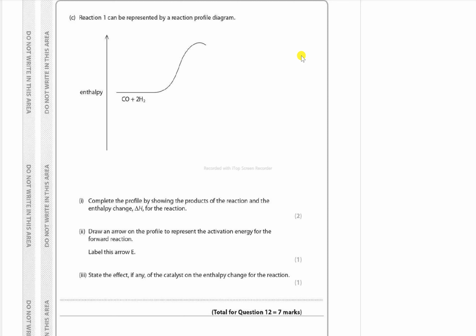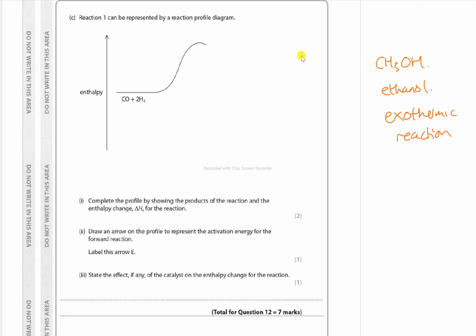Right, what it is you've got carbon monoxide reacting with hydrogen, and it will give CH3OH. It will give methanol. Right, so this is an exothermic reaction. That bit of data is missing from here, unfortunately.